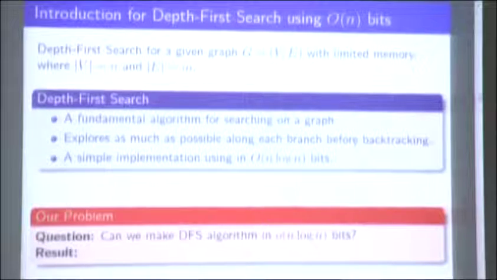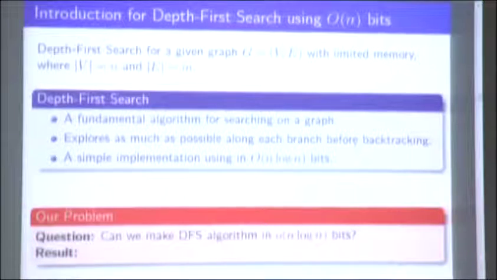Next, I'd like to explain depth-first search using only o(n) bits. For a given graph G, the number of vertices is n and the number of edges is m. Depth-first search is a fundamental algorithm for searching a graph.